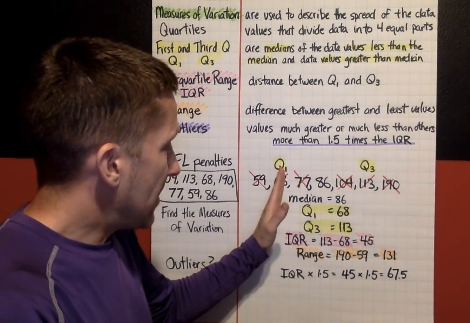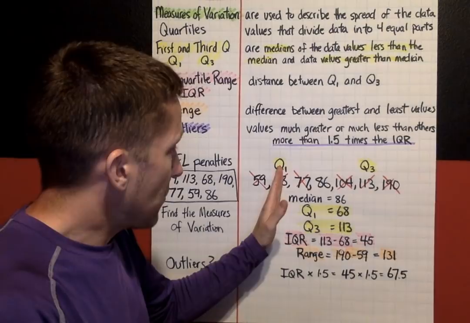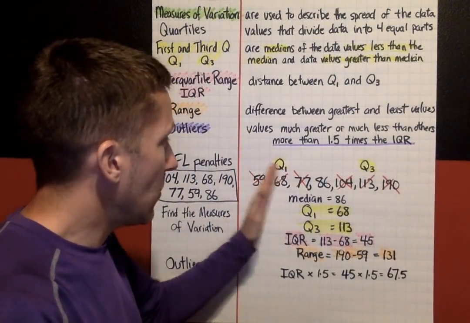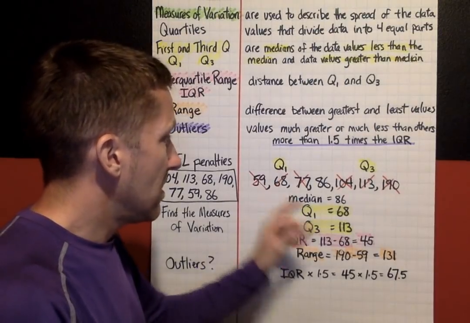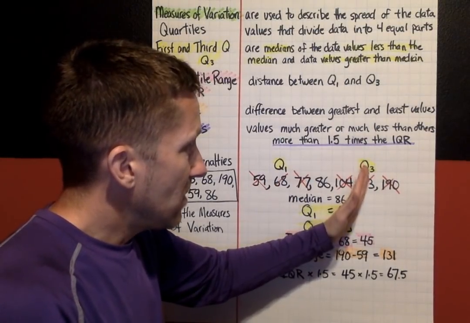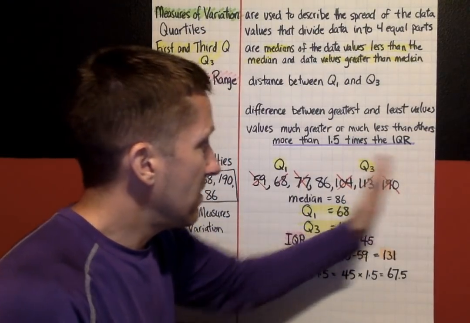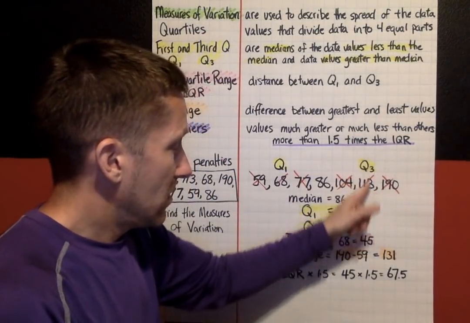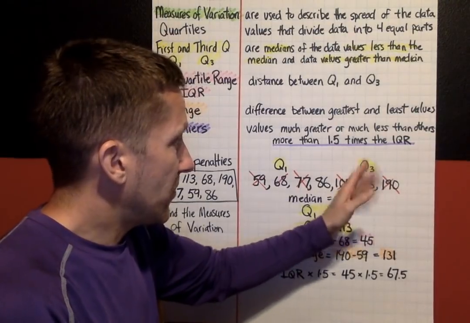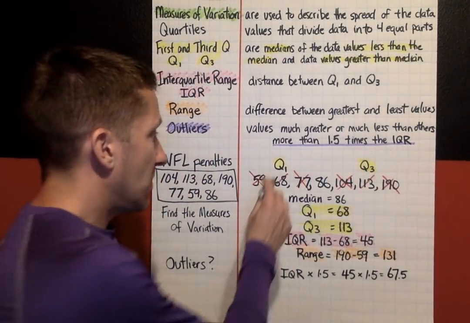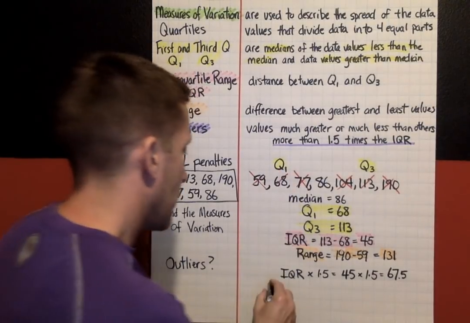So now we have to look at Q1. Is there a data value that is 67.5 away, going this direction, lower from 68? Is there a data value that's more than 67.5 away from quartile 3 going this way? So what I'm going to do is take quartile 1.